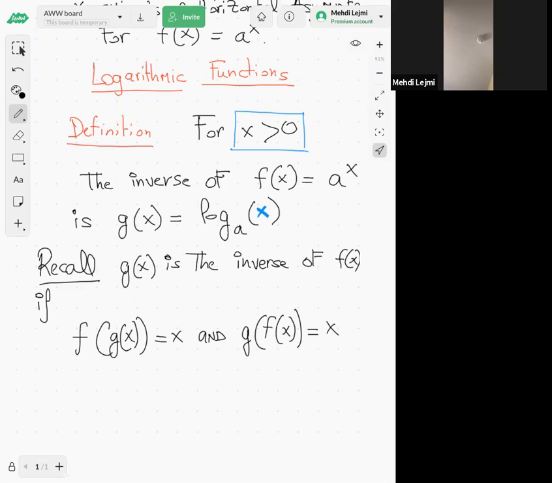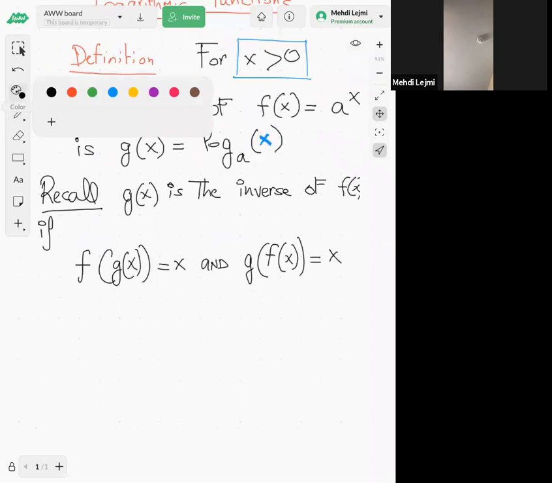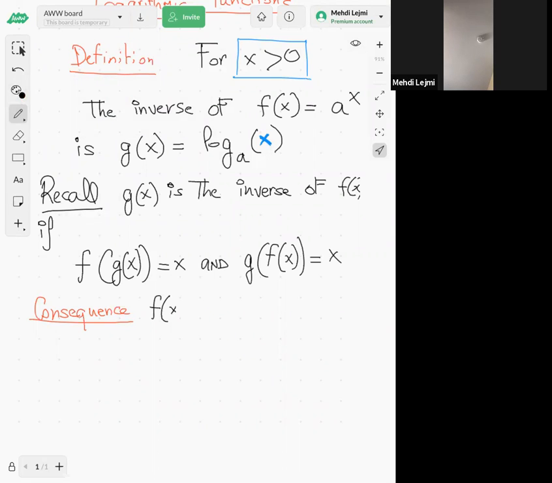Now I'm going to apply this definition to the log and the exponential, right? So, in our case, my f of x is a to the x, and my g of x is log in base a of x, right?